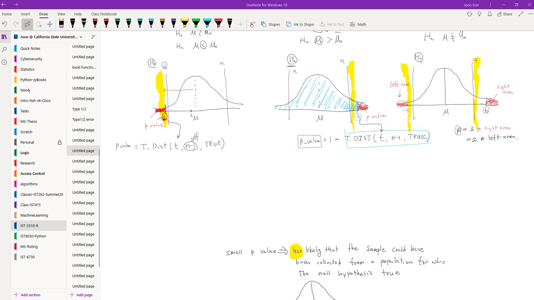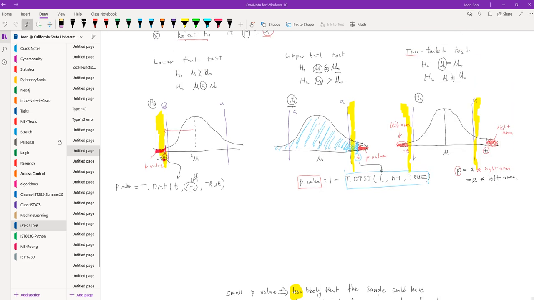So instead, let's just use some intuition. We know that the p-value is either 2 multiplied by the right area, or 2 multiplied by the left area. So once you get the statistic and calculate this right area, you just multiply by 2.